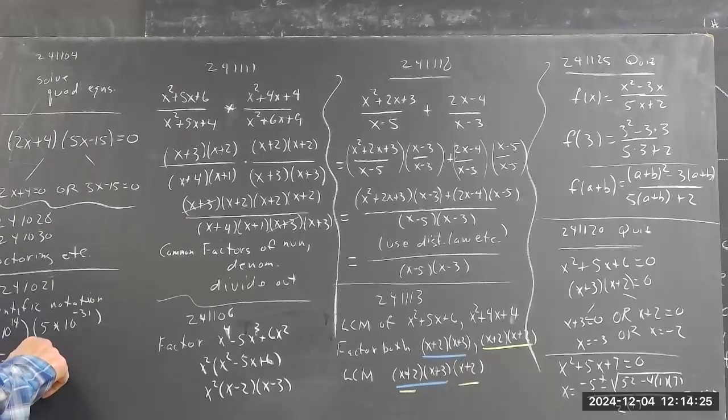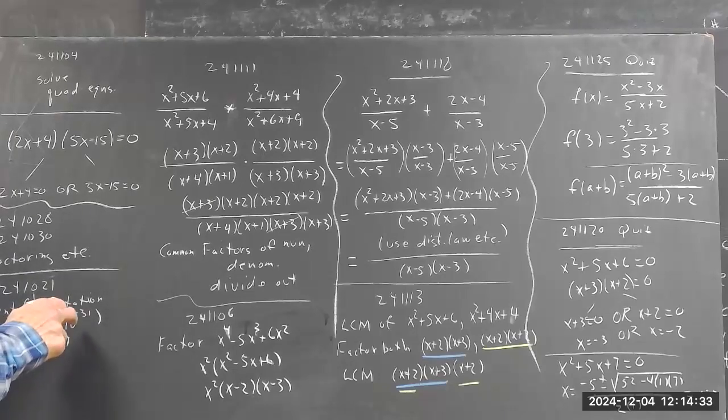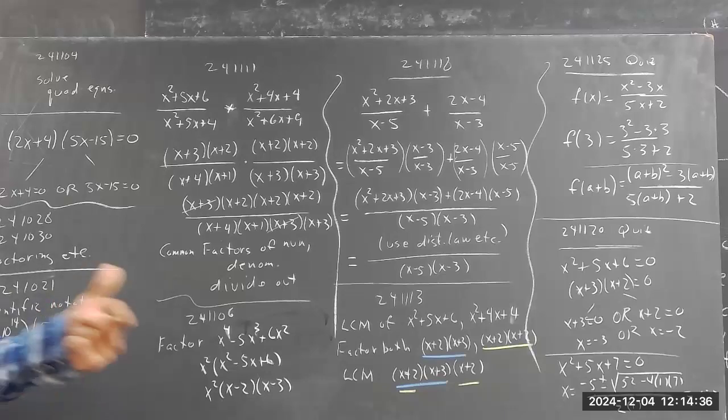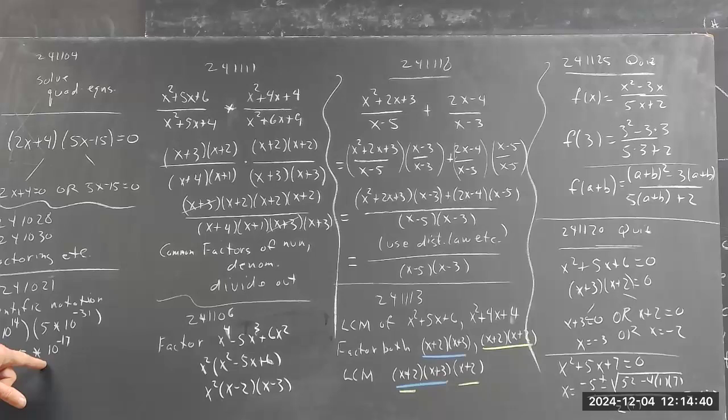It equals 15 times 10 to the negative 17. 3 times 5 is 15, and 10 to the 14th times 10 to the negative 31st, by the rules of exponents, is 10 to the negative 17. This is not in scientific notation.